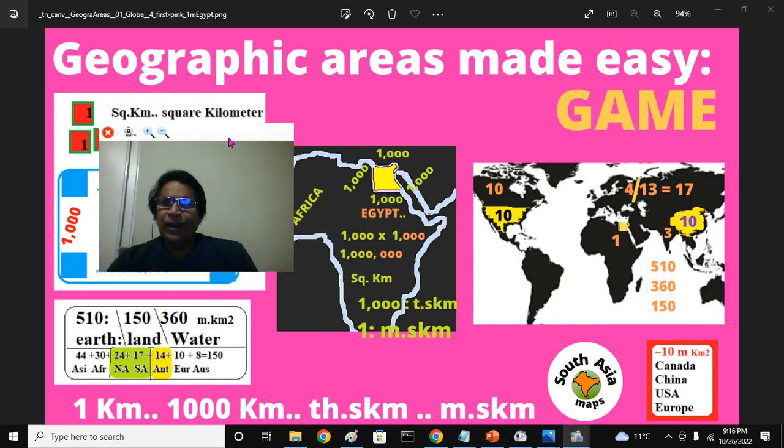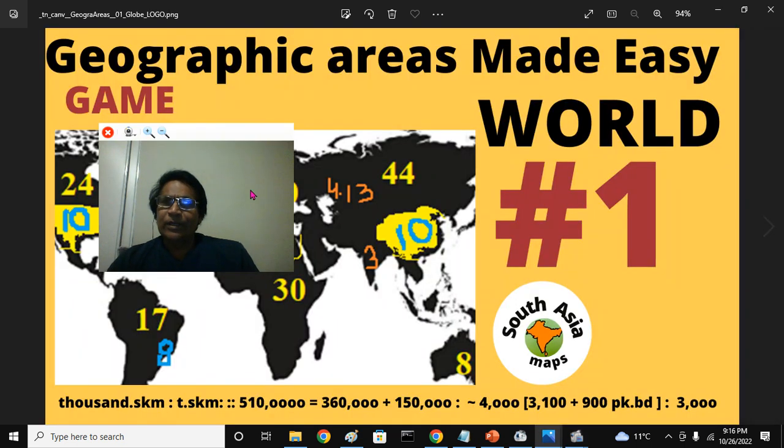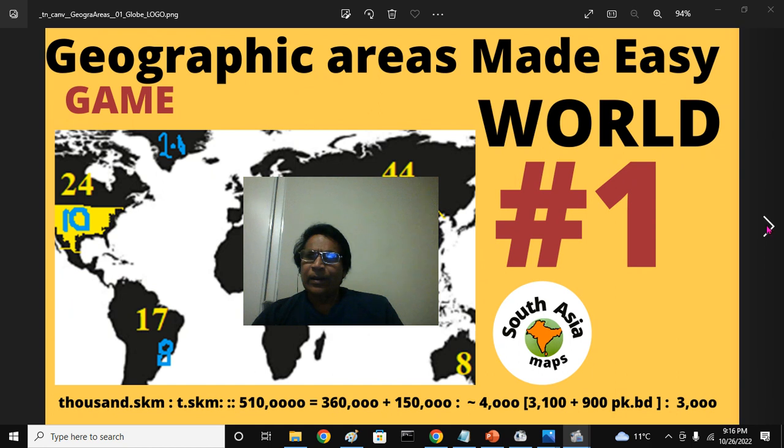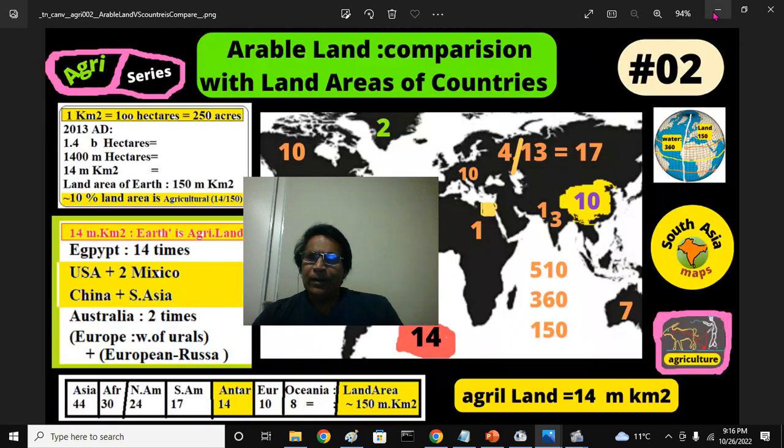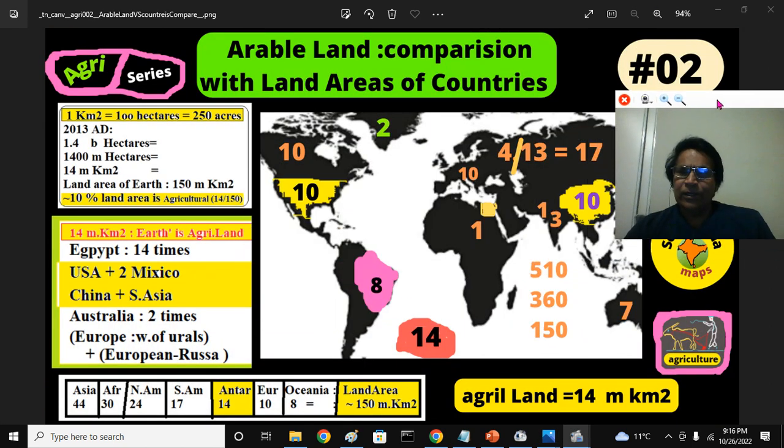There are 4 countries and territories on the planet Earth that have 10 million square kilometers: United States, Canada, its northern border across the 49th parallel, mainland China, and Europe west of the Ural Mountains all have nearly 10 million square kilometers, and those concepts are presented in depth. You can go and look at them so that you will get a broader idea for the current presentation.